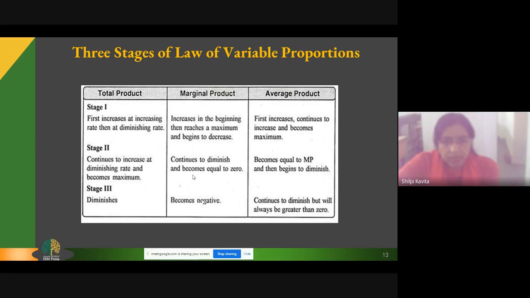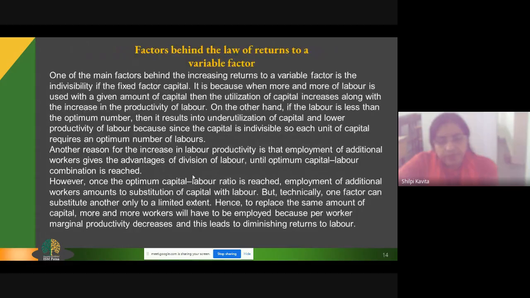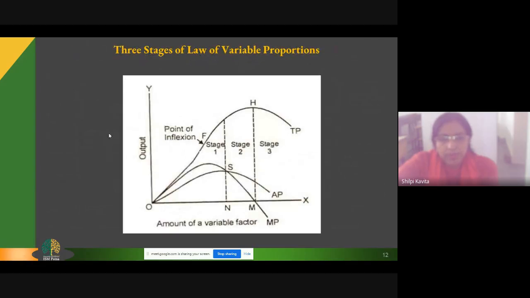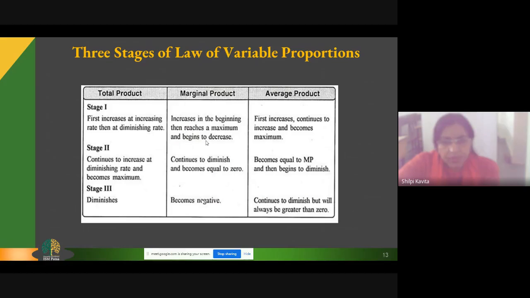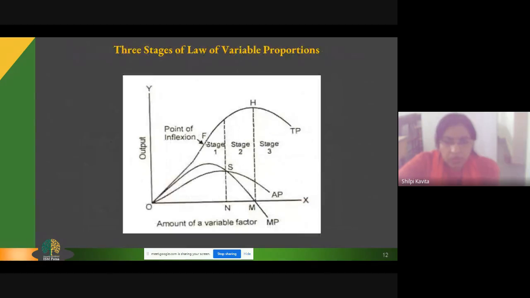Yes, we see here also in this graph, in stage 1, at point F, it is increasing at an increasing rate. After point F, it is increasing at a diminishing rate. Then marginal product increases in the beginning, then reaches a maximum and begins to decrease. So we can see the marginal product is increasing and then after a certain point decreasing.